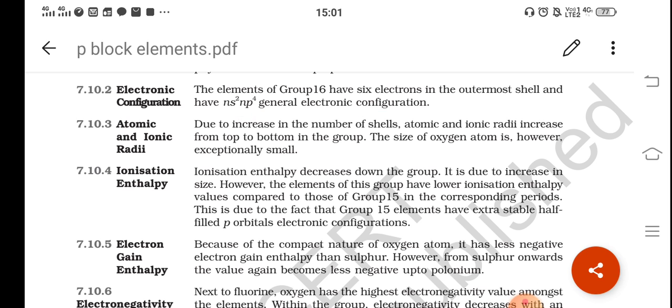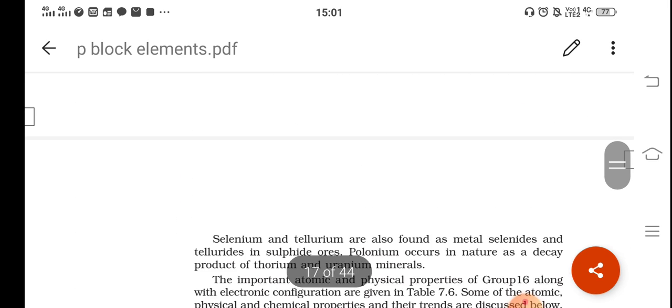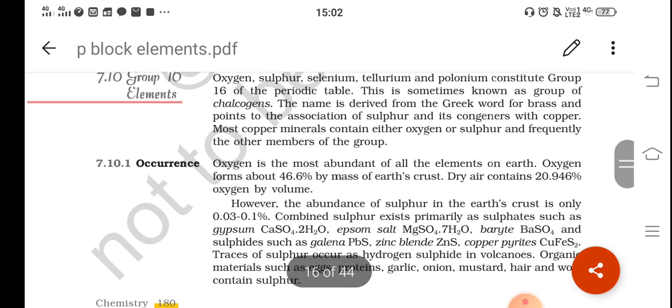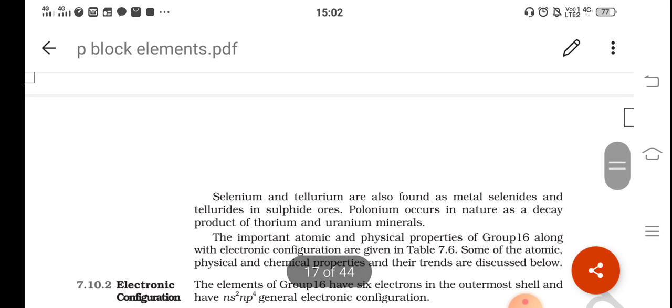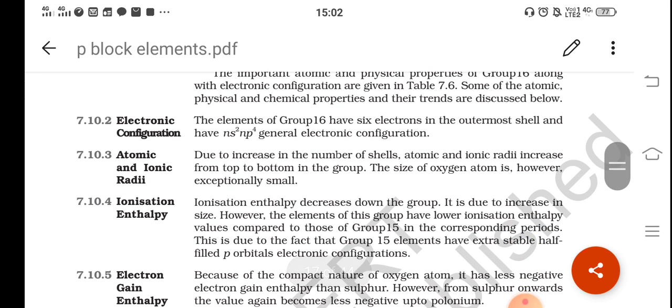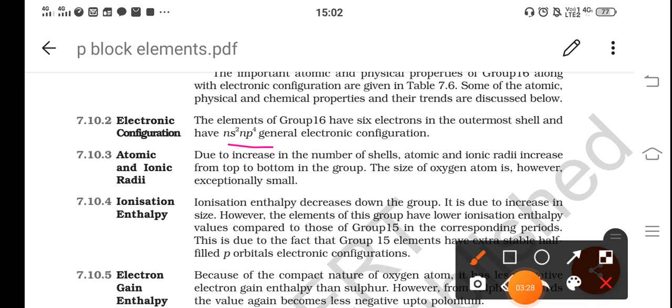Then the next element, selenium, is 4s2, 4p4, and in the same manner down the group one shell increases. In the valence shell ns2 np4, only the value of n changes, but the number of electrons in s and p in the outermost shell remains the same, that is ns2 and np4.